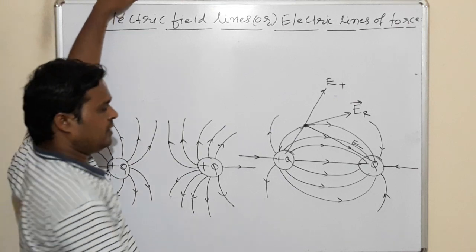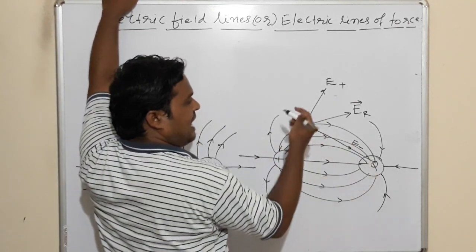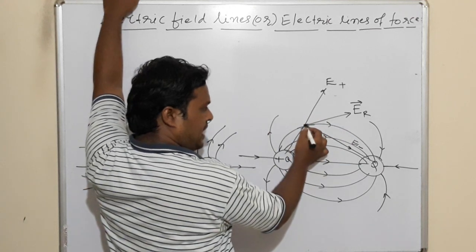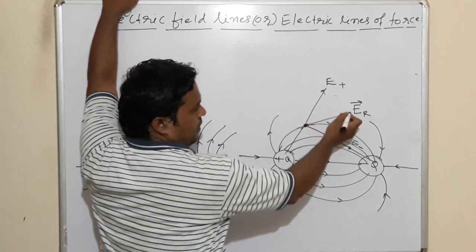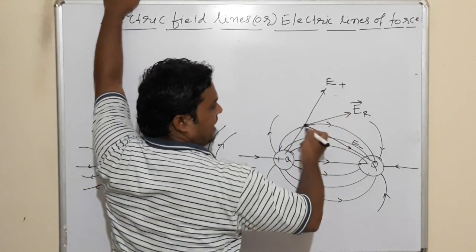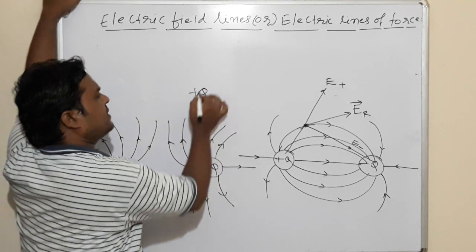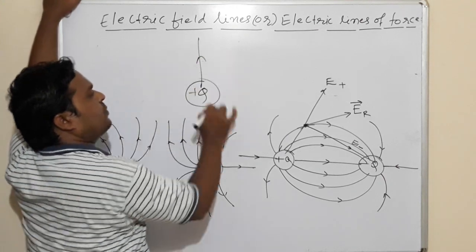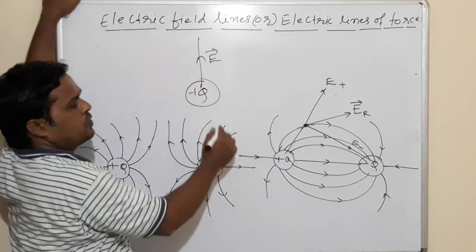That means if the electric line of force is a curved path, and you want the direction at a particular point, the tangent drawn at that point will give the direction of the resultant field. If it is only one positive charge, the field line will indicate the direction of electric field away from the charge.